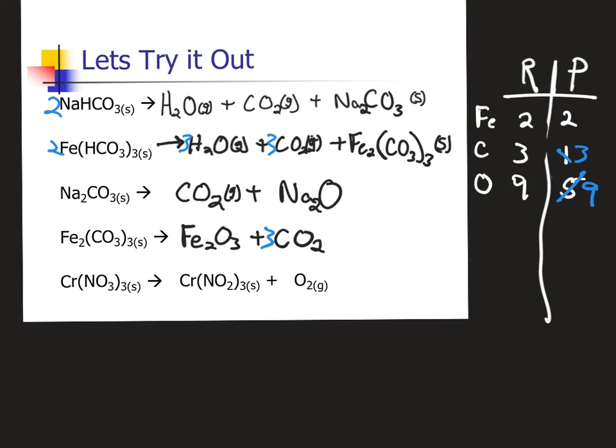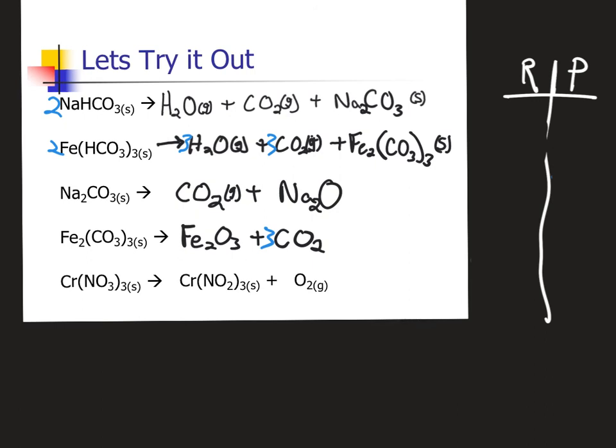And the last one, chromium nitrate. Most nitrates will decompose in this manner. That's why some nitrates are a little bit scary to keep around. Chromates as well, they're oxidizers. You can see that we got some things going on that just don't work.